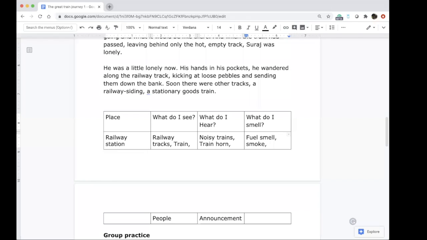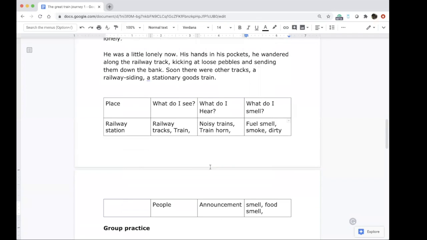Yes, Zubeda. Dirty smell. Okay, maybe there is some dirty smell. What else? You can smell food in the food stalls nearby. Very good observation. The food smell, because there will be a lot of shops. So we got enough examples.